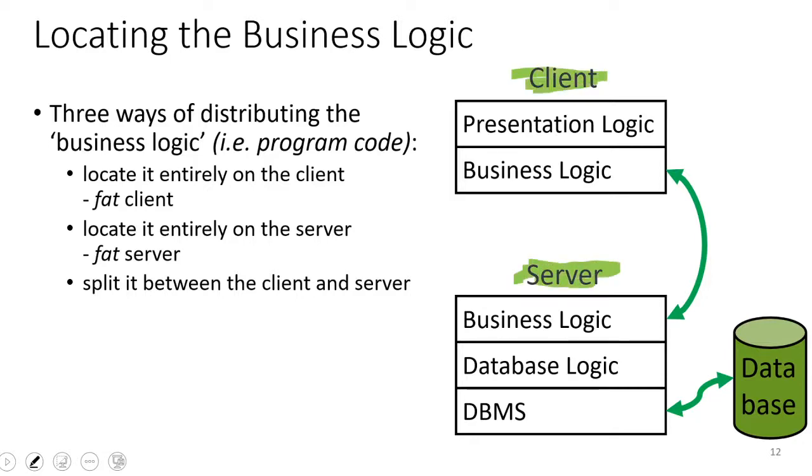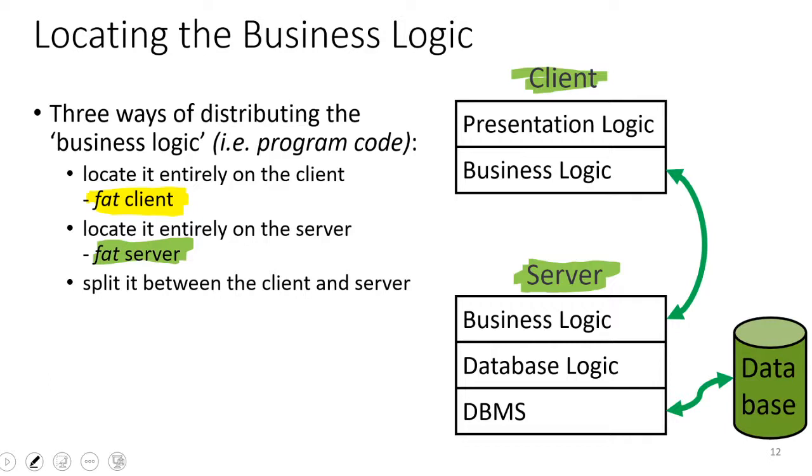If we take most of the logic, the business logic, back to the server side, then we will have a fat server. Most of the logic is built in the server side, so that becomes a fat server. But on the other hand, if we build most of the logic on the client side, then we will have a fat client. So we can have either a fat client or a thin client, or a fat server or a thin server.